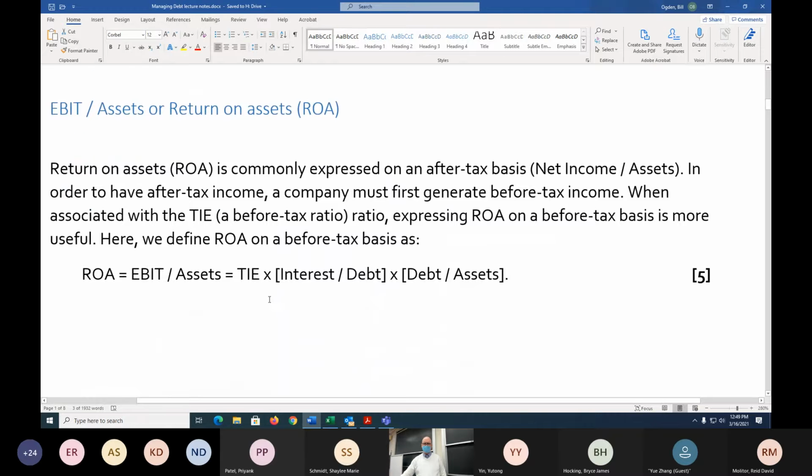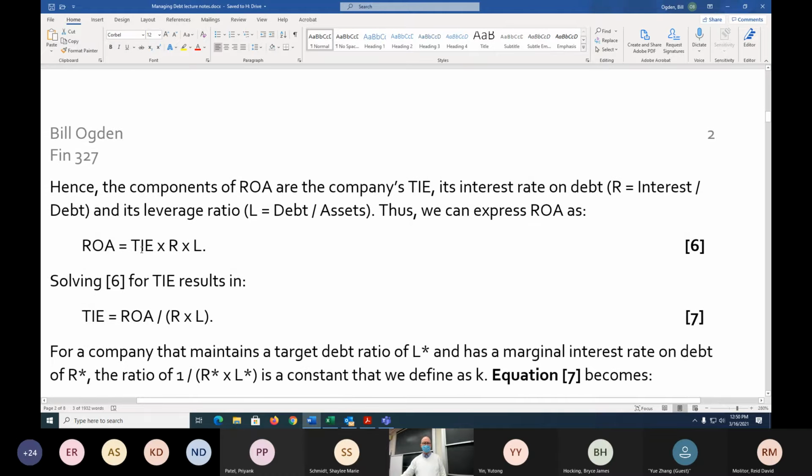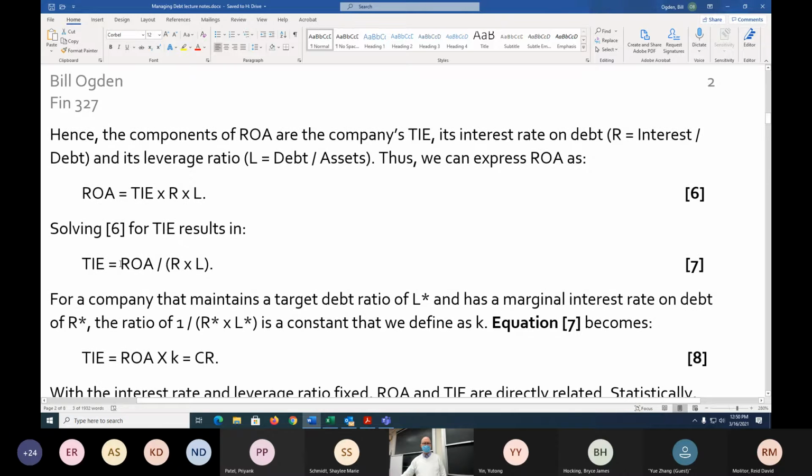The interest rate on debt equals capital R, and I took this right from that article. They use capital R, I'm going to use capital R, is the interest divided by the debt, and its leverage ratio, L, is debt to assets. Thus, we can express ROA as times interest earned times R times L. Okay, and if you solve this for TIE, times interest earned, you get ROA divided by R plus L.